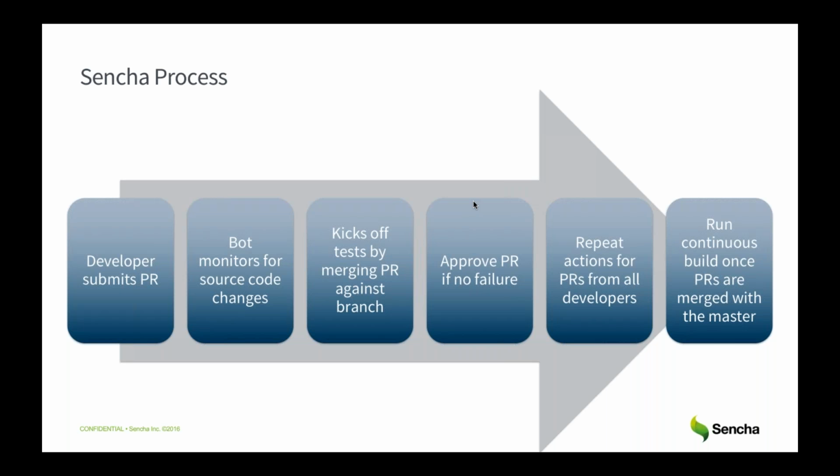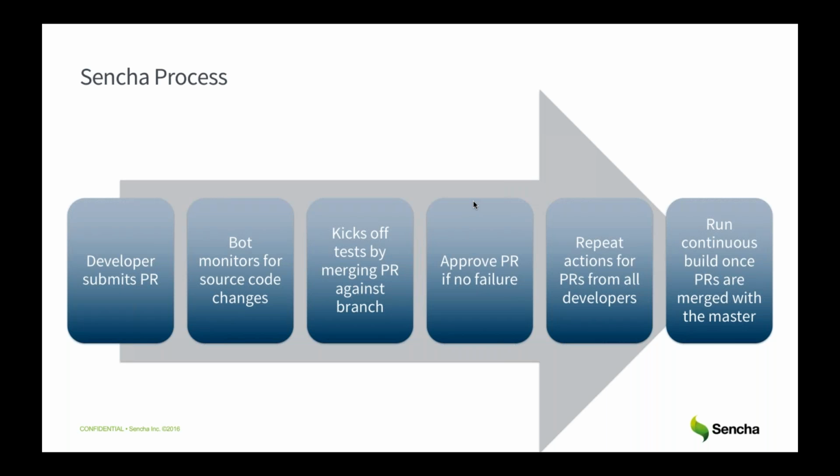Now, these tests run for 20 minutes, 30 minutes, and once the tests are complete, the development lead looks at the results and makes a decision. Okay, the PR is ready, there are no significant failures, we can merge it into the main branch. This is done for all of the developer PRs at Sencha. Everybody working on the frameworks team submits PRs, and the tests are run on the branch with the PR.